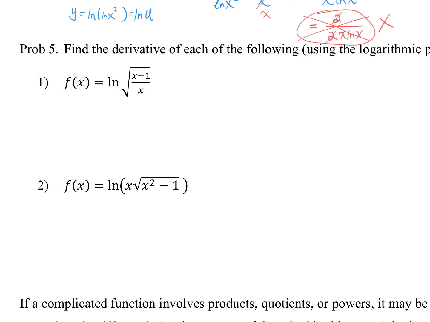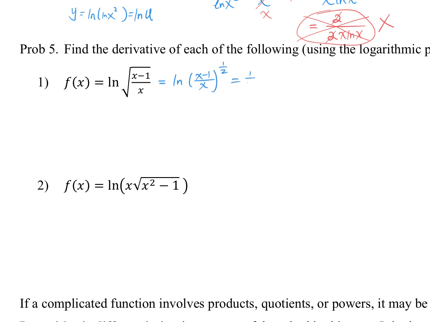Sometimes log properties can be used to simplify problems like this. If you use the chain rule without simplifying, you can see that the derivative of the ln u and the derivative of this u can be a little complicated, right? So now you can actually simplify, expand it. Think of this as ln x minus ln of x minus 1, and this is going to be 1/2, right?